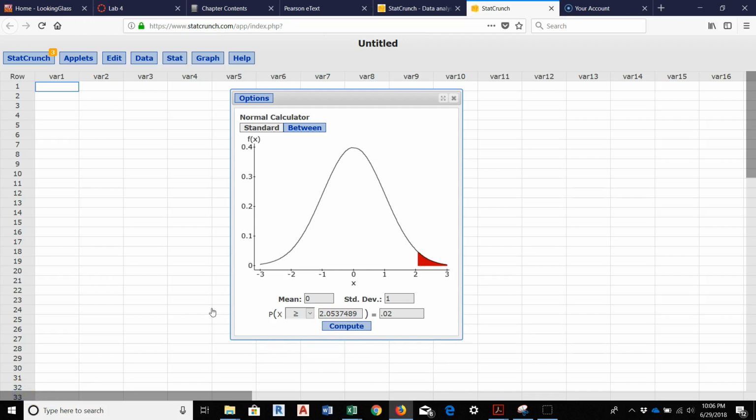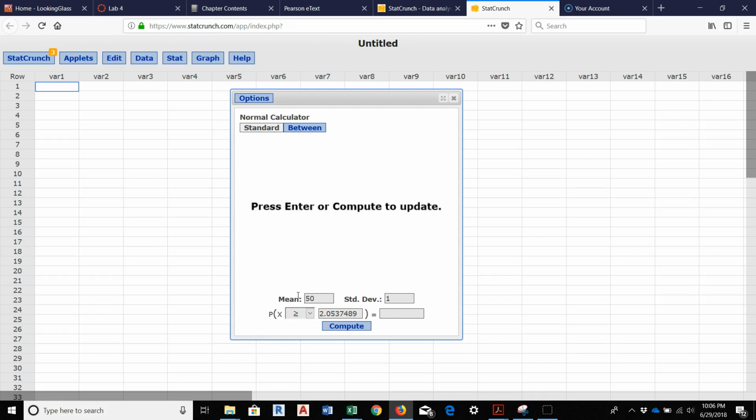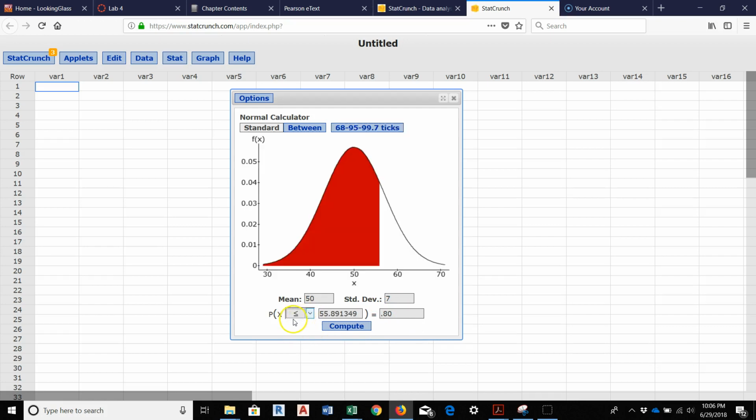In contrast to calculating z alpha values, calculating for percentiles is slightly different. When working with percentiles, we work with the left tail area. So if we type in a mean of 50 and a standard deviation of 7 again, we can calculate the 80th percentile by typing in 0.80 for the area under the curve or the probability and selecting left tail area.